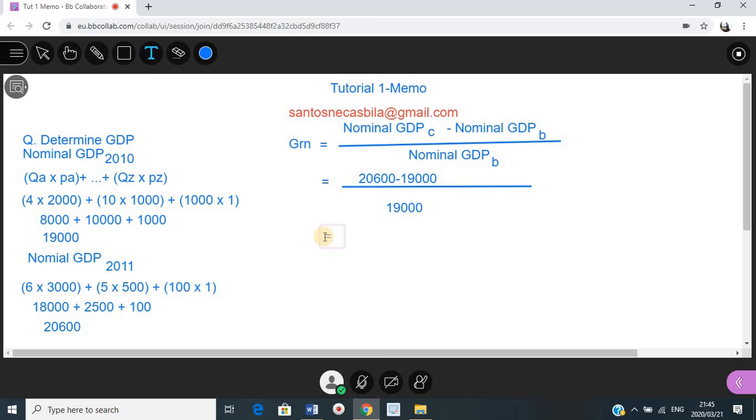In other words, this is going to be equal to 1,600 divided by 19. Okay, wait, let me say 20.6 minus 19, divided by 19. This is going to be equal to 8%.